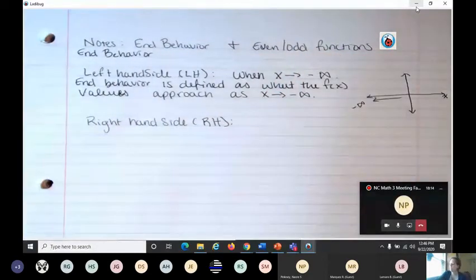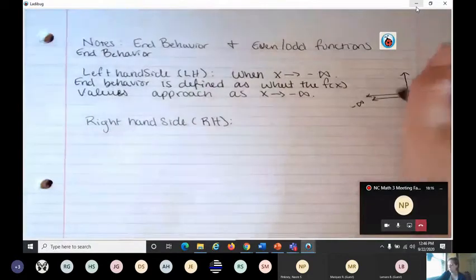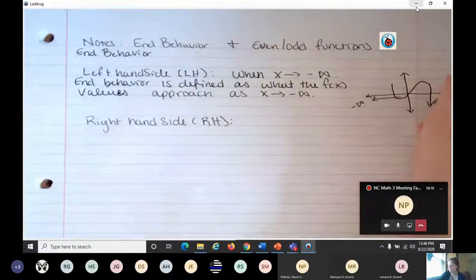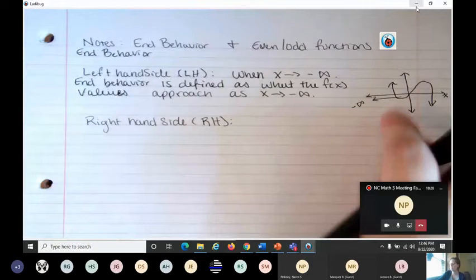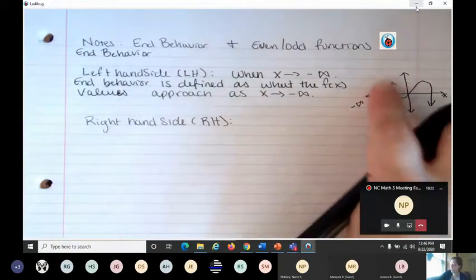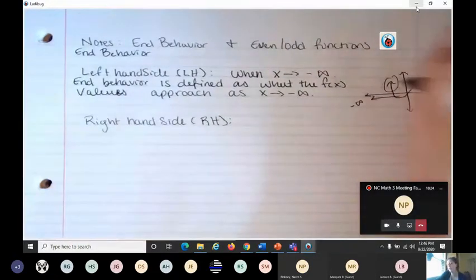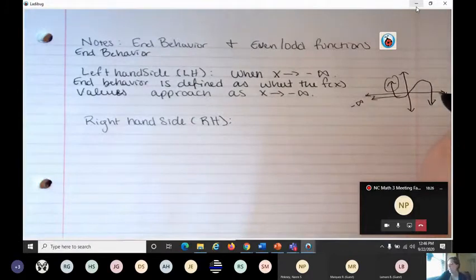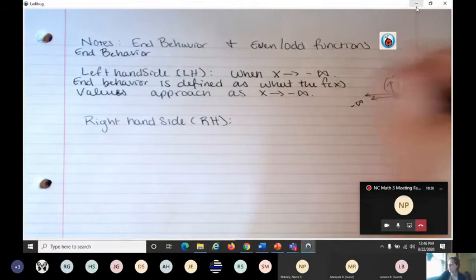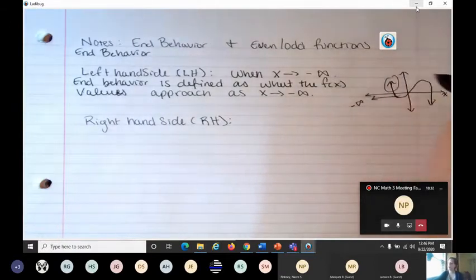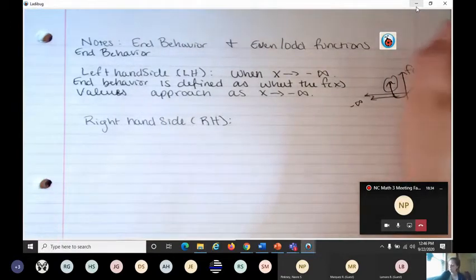Okay, so kind of as an example, maybe I'd have a function like this. The left end behavior is going to be this section of the function right here. And so as these x's are moving towards negative infinity, what are the y's doing? What are the f of x values?